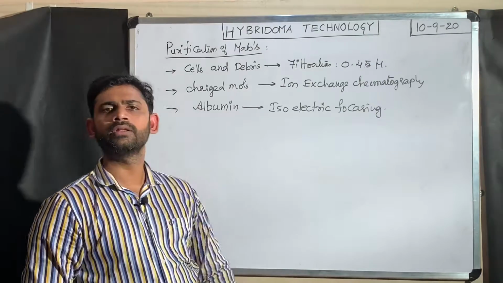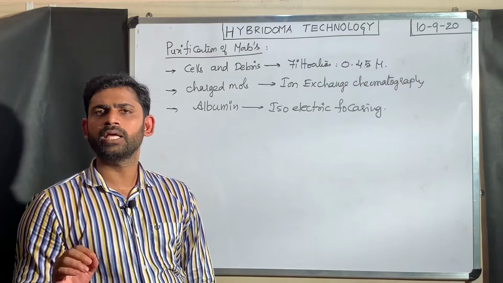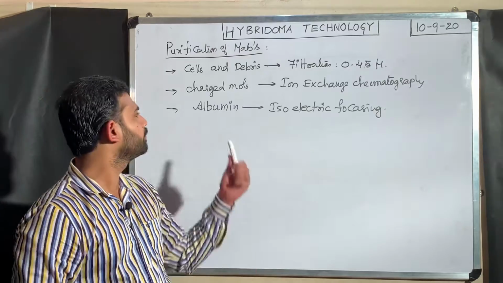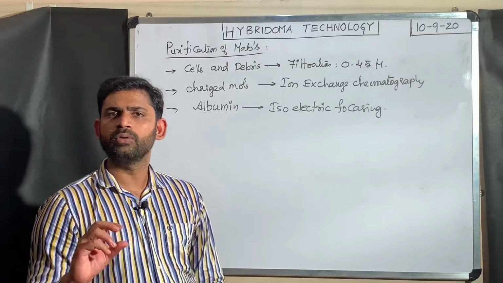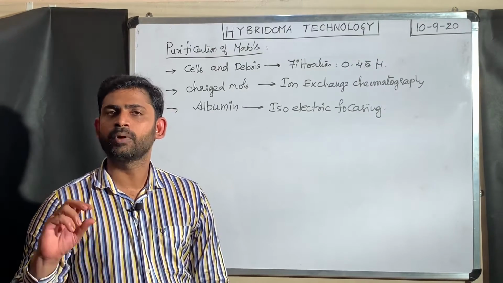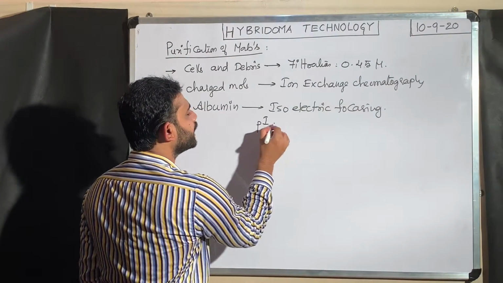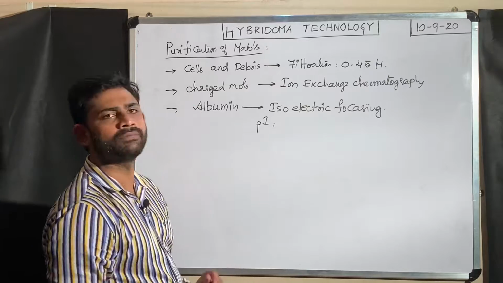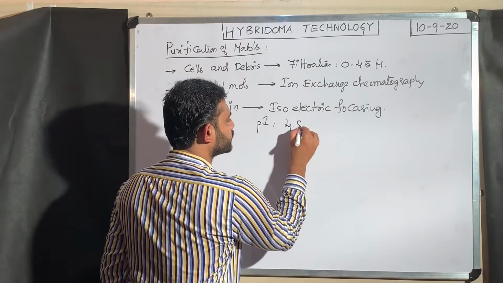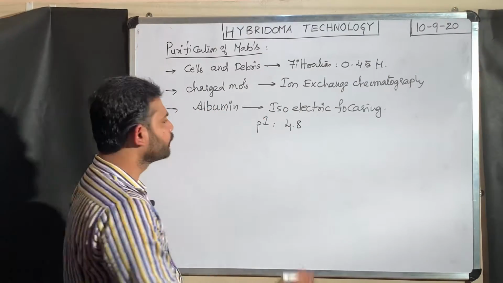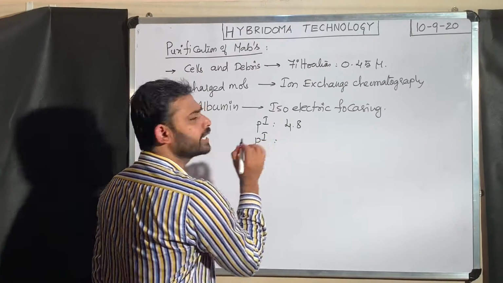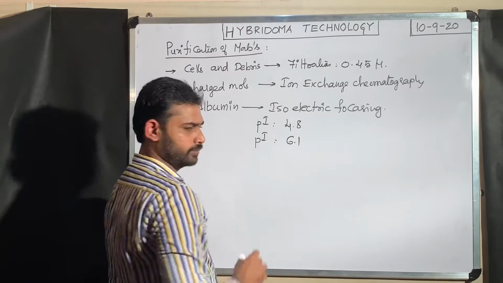In this isoelectric focusing, the protein we want to remove, for example albumin, we are going to subject to its corresponding isoelectric point. That isoelectric point we designate as pI. The pI of albumin is 4.8. For example, the pI of the antibodies in the medium is 6.1.